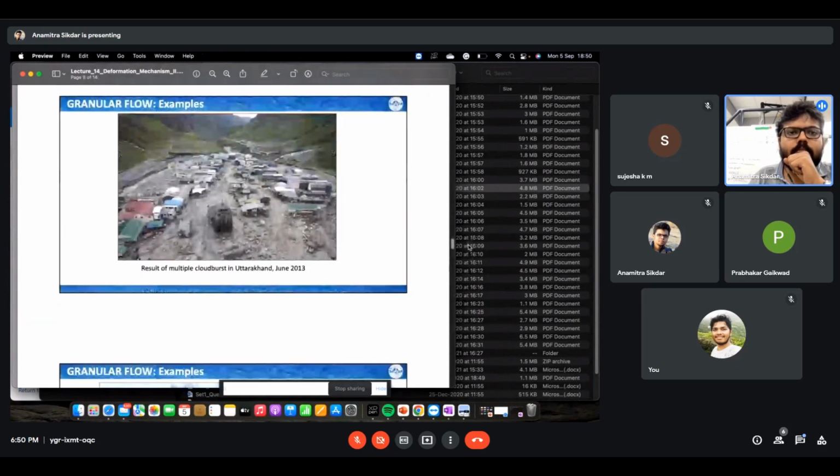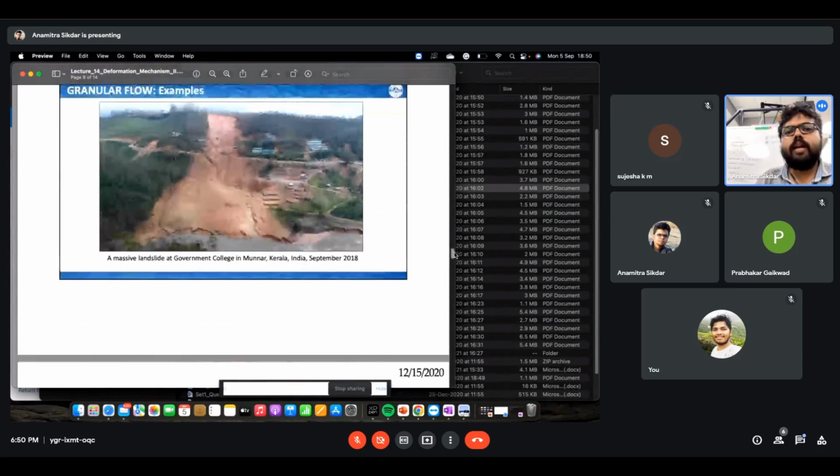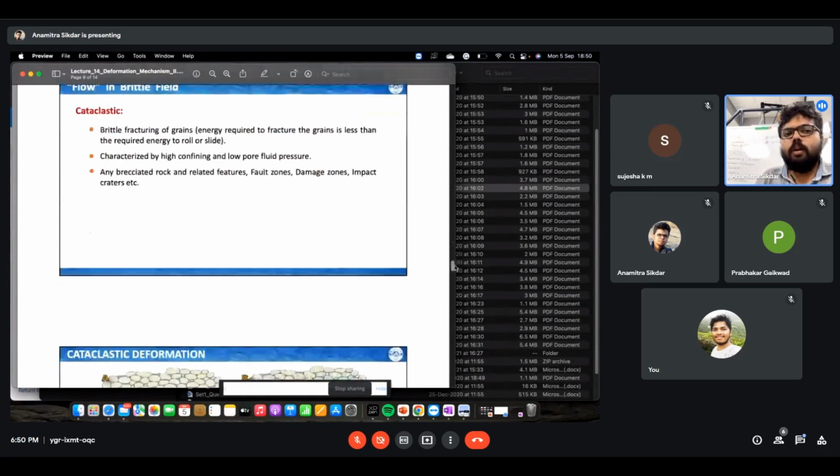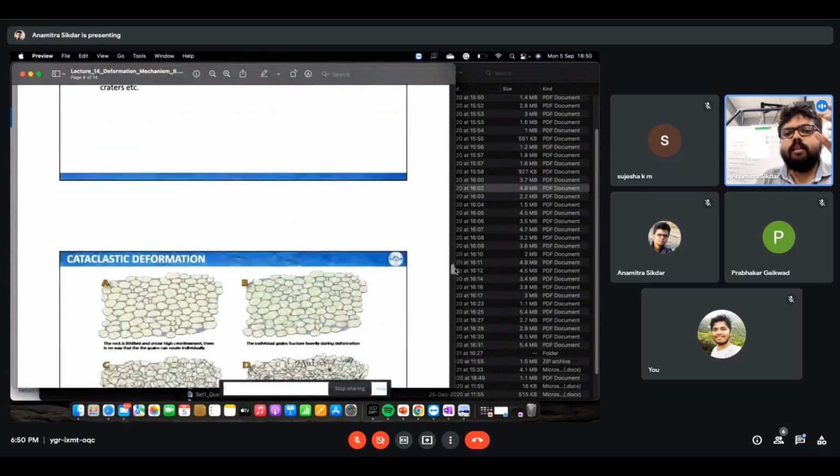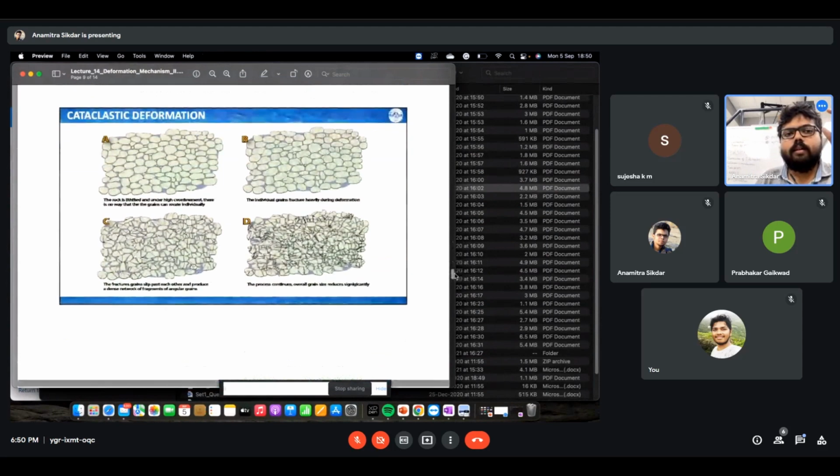Here are some examples. When this happens at a very large scale, we see landslides or granular flow. But at a small scale, we see brittle bands. This is also an example of cataclastic deformation. You can see that the grains are being fractured.